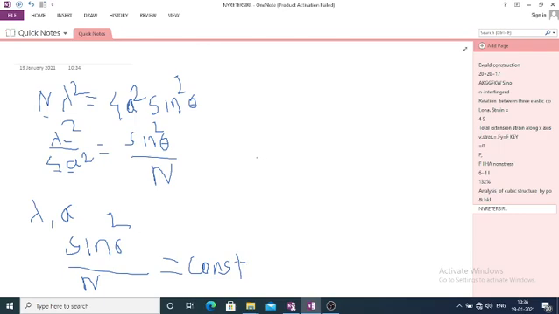Now for a simple cubic crystal, it is found that the interplanar distances are d100, d110 and d111.